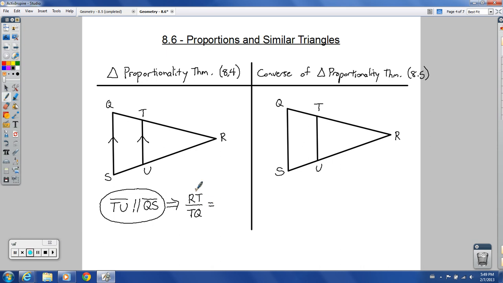We're setting up a proportion to show that. So RT over TQ is going to equal RU over US. So if they're parallel and you have them overlaying one another, the small triangle right on top of the larger triangle, then you have RT, TQ, RU, US, whatever your letters are, they're proportional in that way.